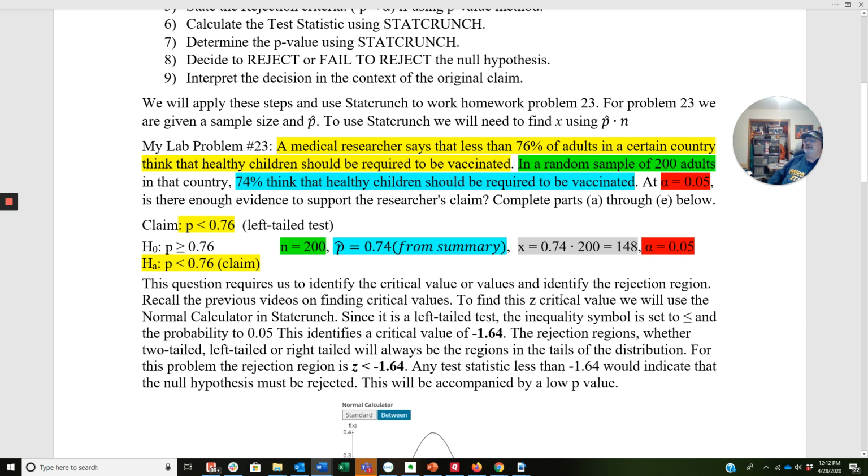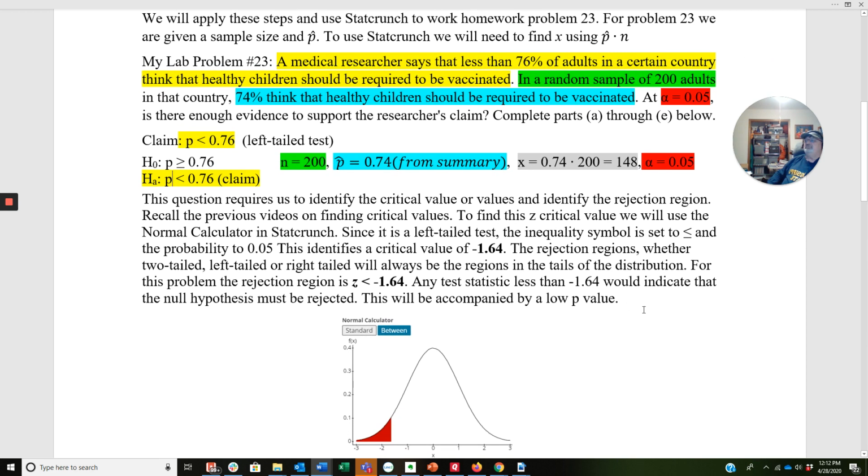Now, before we go into running the test, let's recall this question requires us to identify the critical value or values and identify the rejection region. Recall the previous videos on finding critical values. To find this z critical value, we will use the normal calculator in StatCrunch.